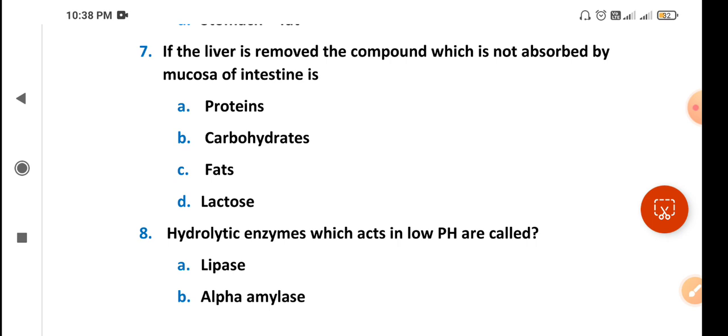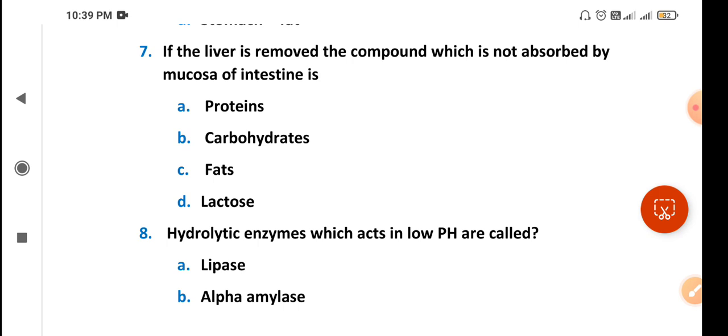No, there will not be any difficulty in the absorption of the protein in case the liver is removed, and similarly there will not be any difficulty in absorption of carbohydrate, but the absorption of fats is not possible without the liver, because the liver secretes bile. It secretes bile which helps in the emulsification of fat.